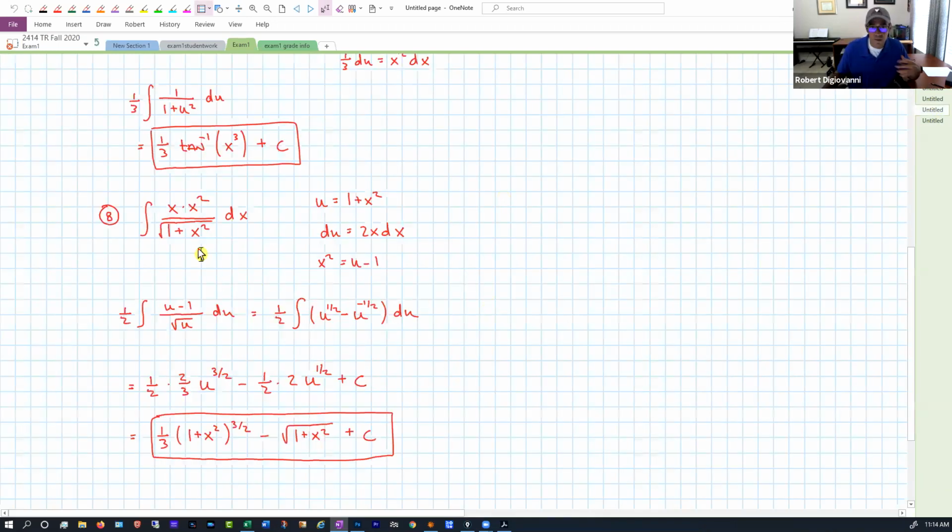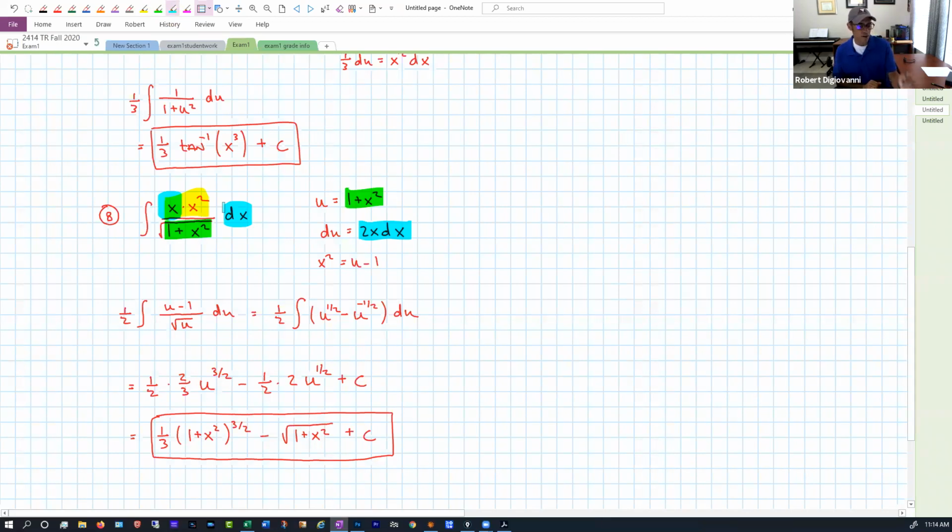But this is a difficult problem if you're not ready for that first step, which is the x times x squared part. Once you make that substitution, you let u be the 1 plus x squared down here. Then the derivative of it is 2x dx, and you have an x dx, so you're off by 2.